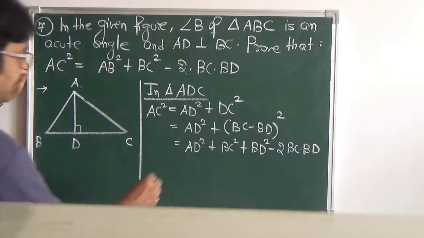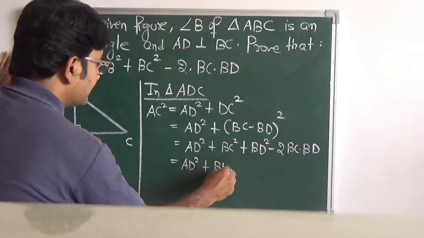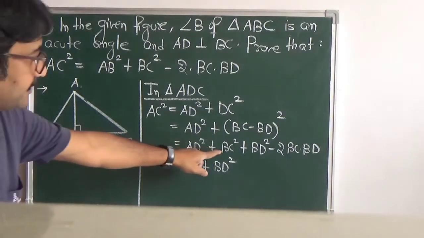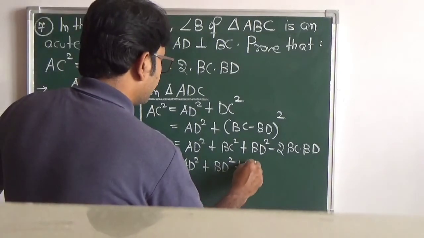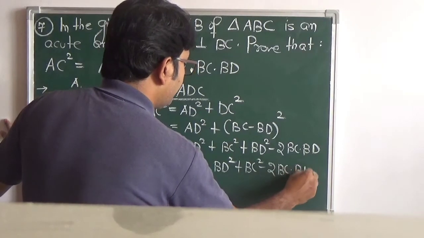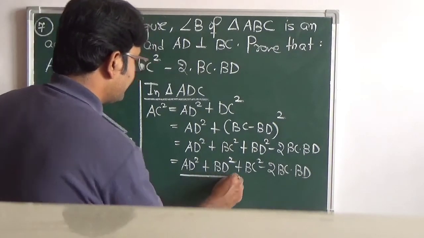So we can write AD square plus BD square, and we are left with BC square minus twice BC dot BD. So we can write it as AD square plus BD square plus BC square minus twice of BC dot BD. Now what is AD square plus BD square?